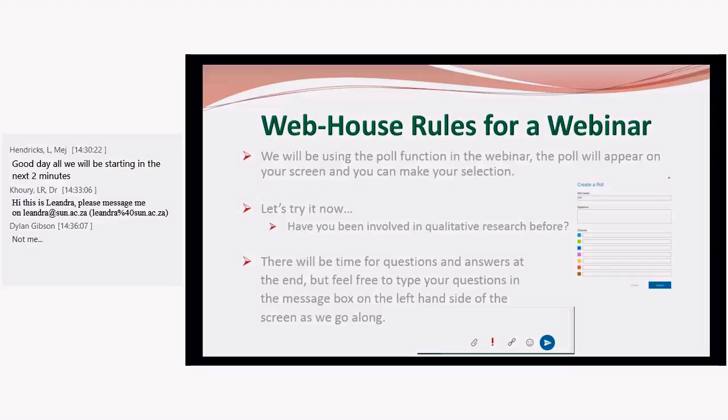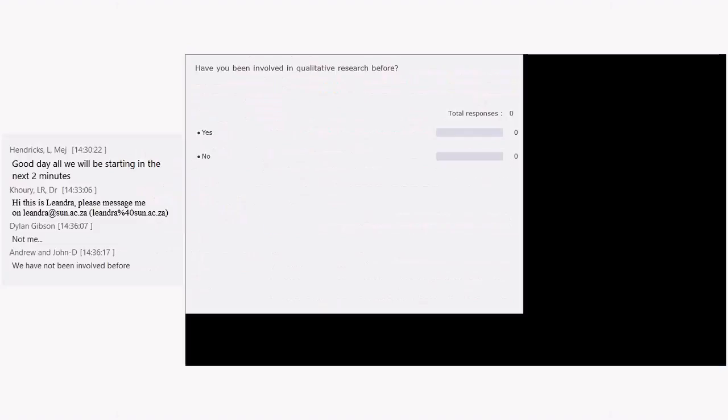We're going to transform you into a qualitative fundi in the next hour. This is wonderful news. Oh, there the poll is up and running. So simply click yes or no and indicate your choice. Okay, so we've got 2 votes so far. I see there are 3. Okay, for those of you that haven't been in qualitative before, that is very awesome.